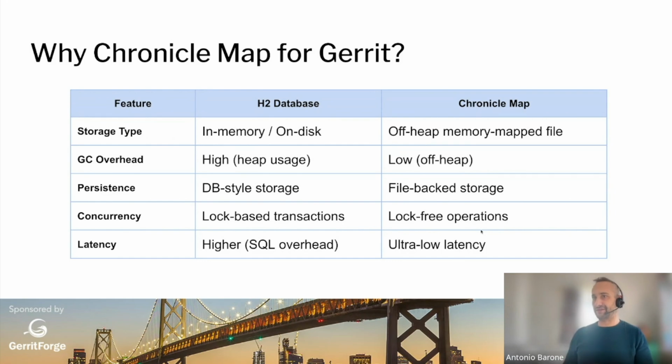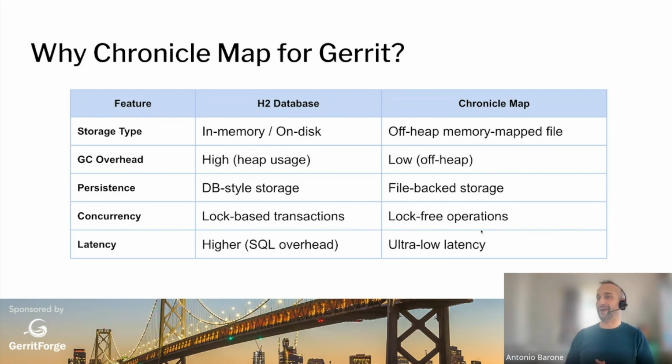Because of this, the GC overhead is actually reduced, and the persistence layer chosen by the two approaches is different. H2 is a DB-style storage. Yes, it is a file on disk, but actually that's a full-blown database stored within the file, whilst Chronicle Map is file-backed storage, and we will see more about these files later.